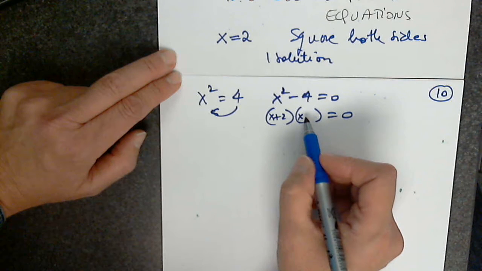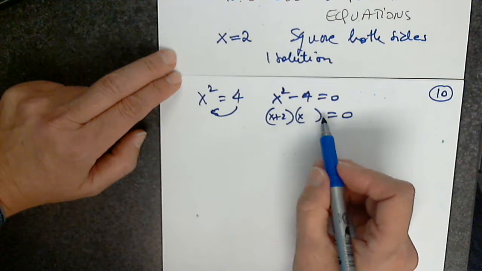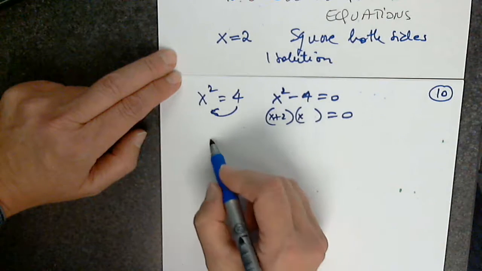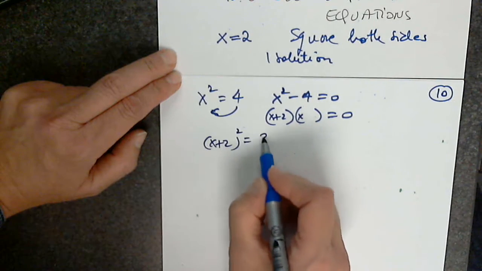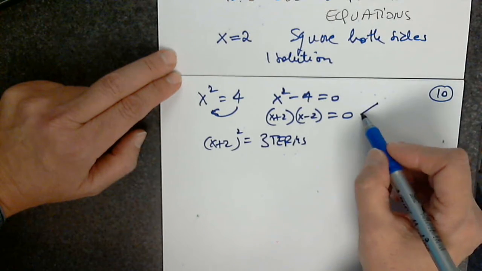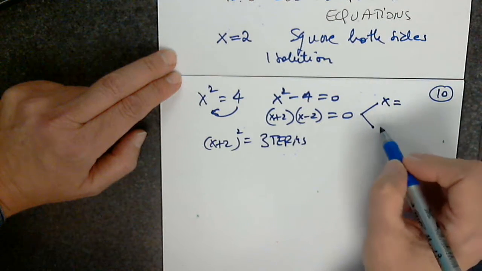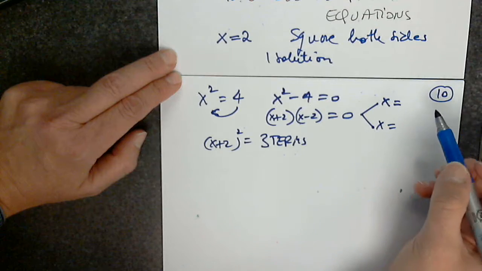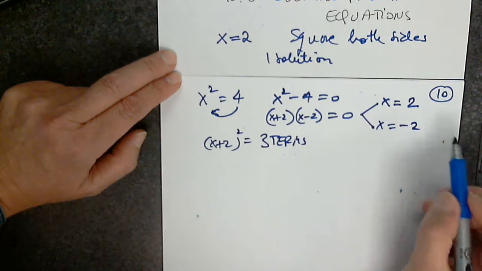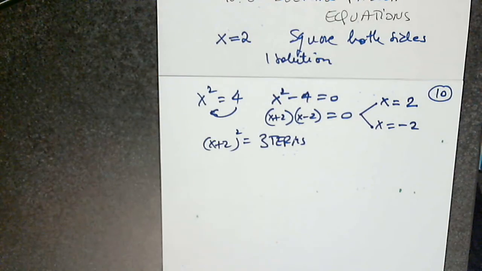X plus 2 squared will be 3 terms. I cannot write x plus 2 times x plus 2 because it will be 3 terms. We have a contract. X plus 2 squared is 3 terms. Or x minus 2. So there are 2 options here. X is and x is. Or, right.